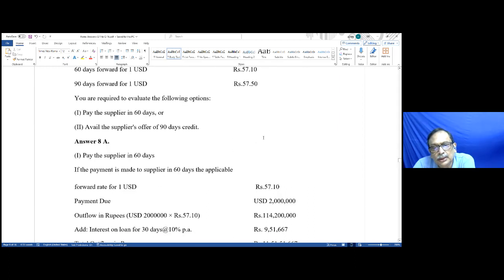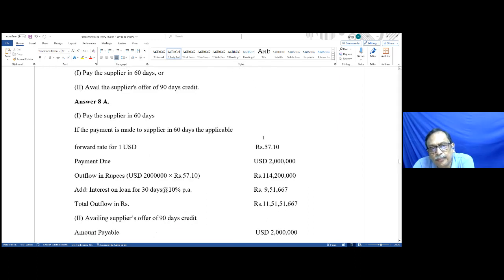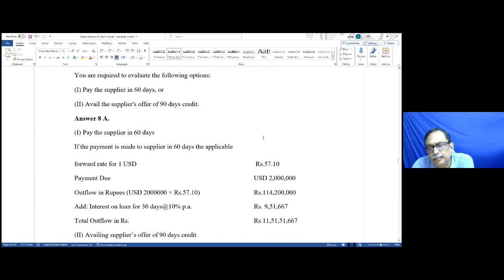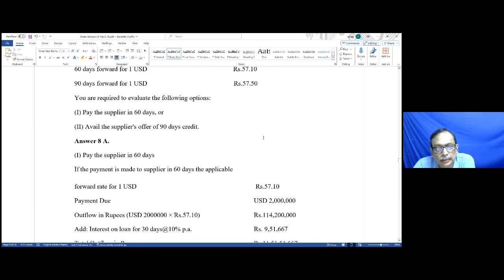Okay. So we are going to calculate the total outflow if suppliers are to be paid in 60 days, vis-a-vis if we avail the supplier's offer of 90 days credit, then what will be the total cash outflow?